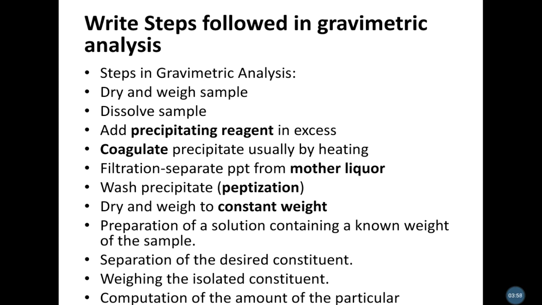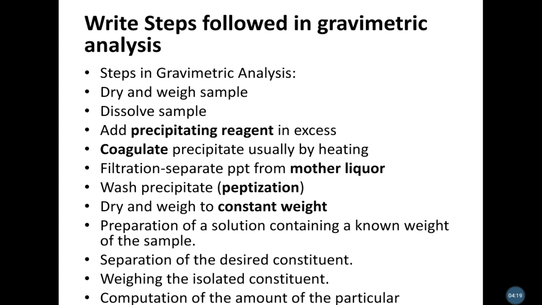Now what procedure do you follow in gravimetric analysis? It's a very simple technique, and it's very accurate also. First, your compound, whatever you use for the gravimetric analysis, should be dry, then weighed. The weight should be accurate to at least 6 digits. Then dissolve in the expected solvent.